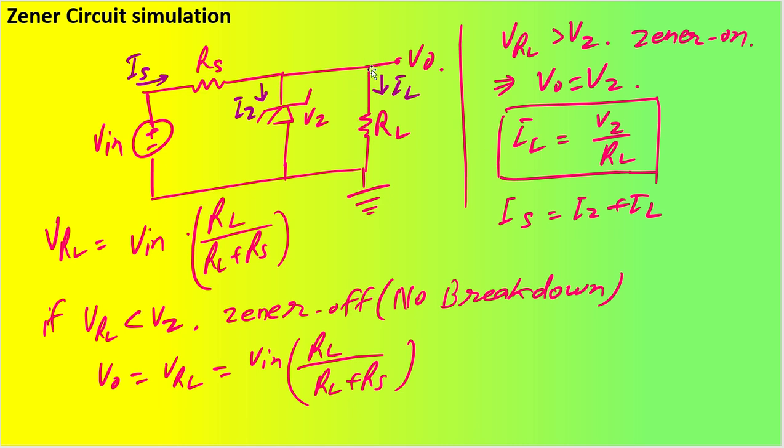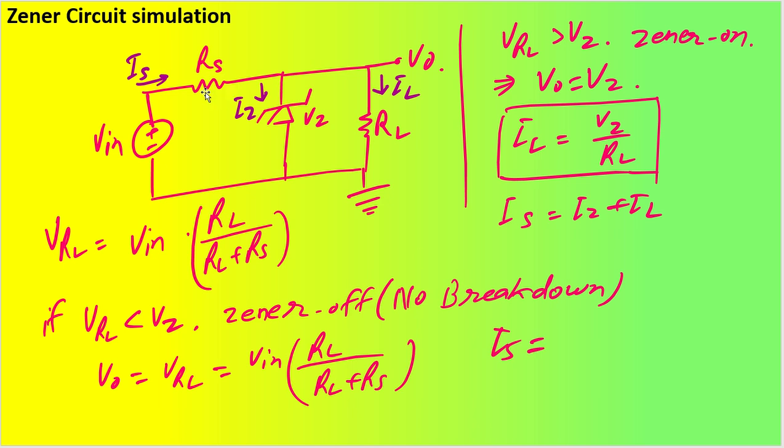The voltage will be Vz, so Vz by RL will be the load current. Similarly, the current IZ flowing through this Zener diode can be very easily calculated, because this current will be equal to the sum of this current plus this current. So Is will be equal to Iz plus IL, and Is is very easy to find.